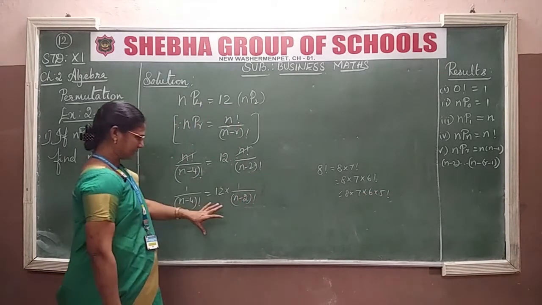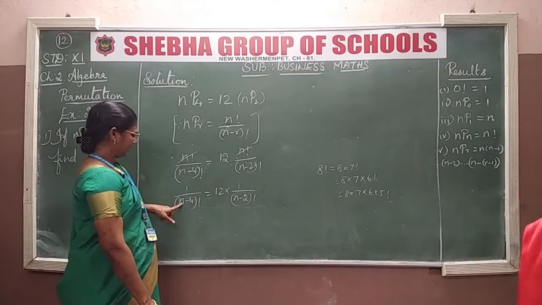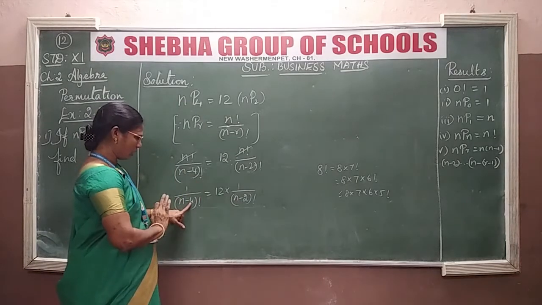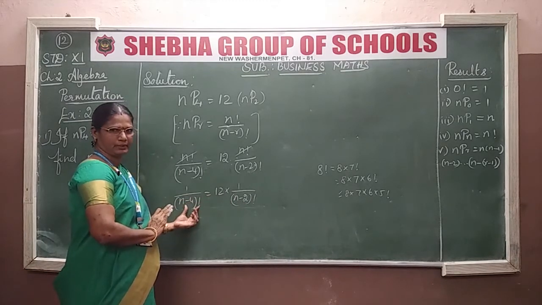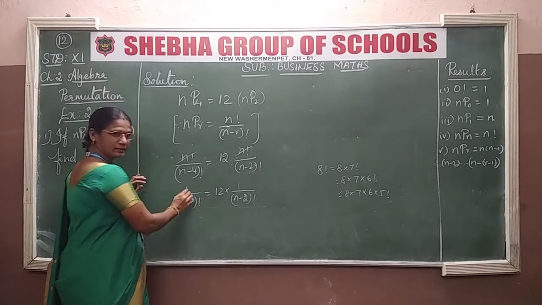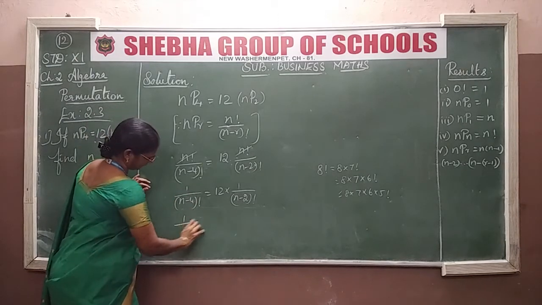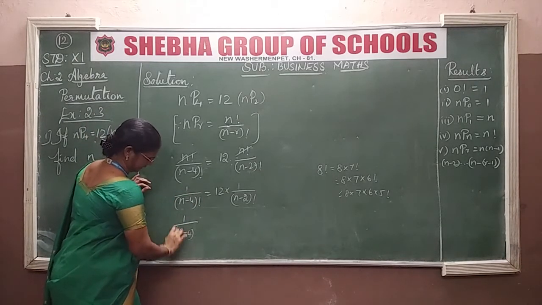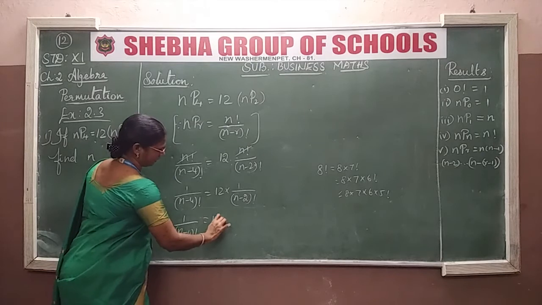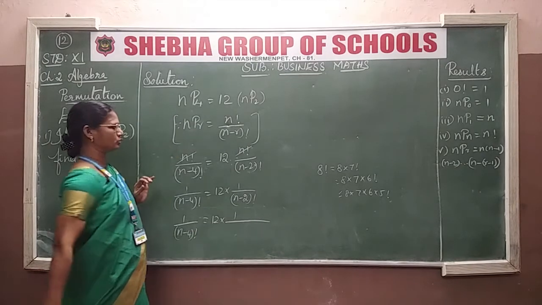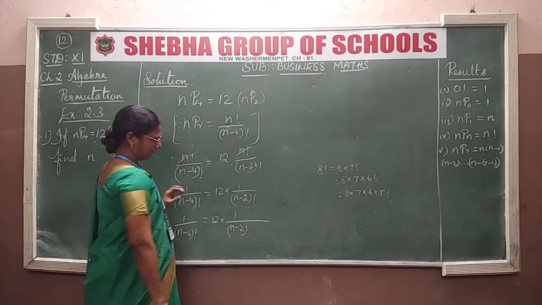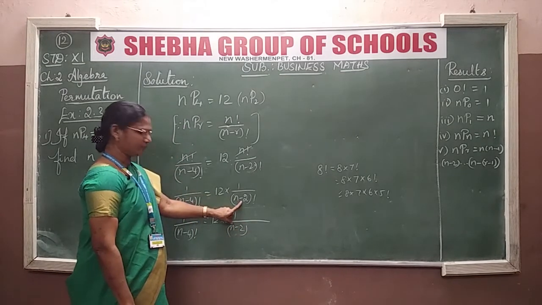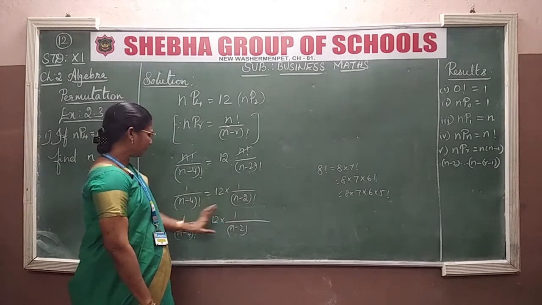So using this here, n minus 4 factorial is the small one, this is the big one, so we are going to rearrange the big one in terms of the small one. Okay, listen, write n minus 4 factorial as it is, which is equal to 12 into 1 by n minus 2 factorial, which becomes n minus 2 into, we have to subtract 1 by 1 from n minus 2 up to n minus 4.